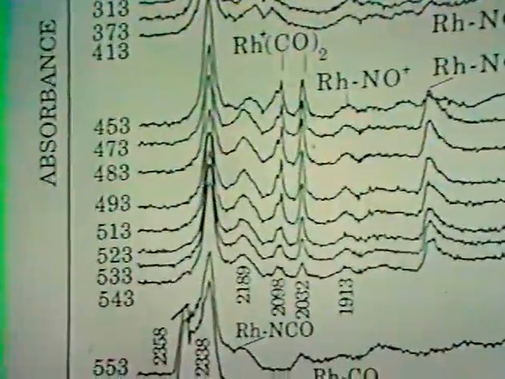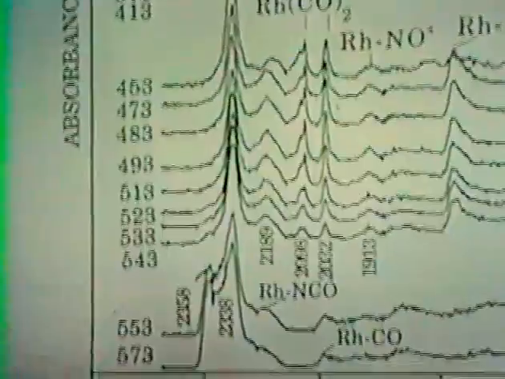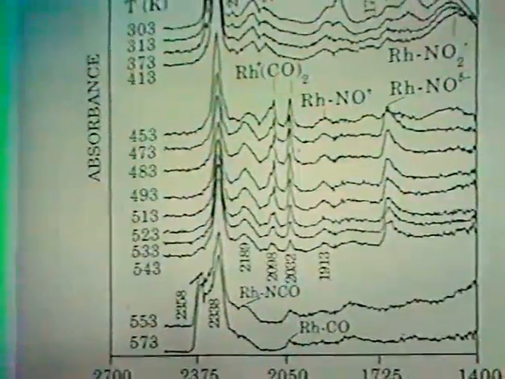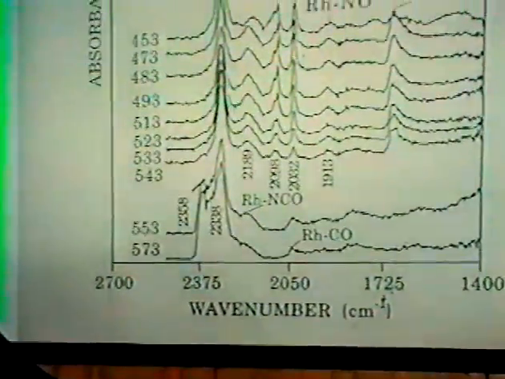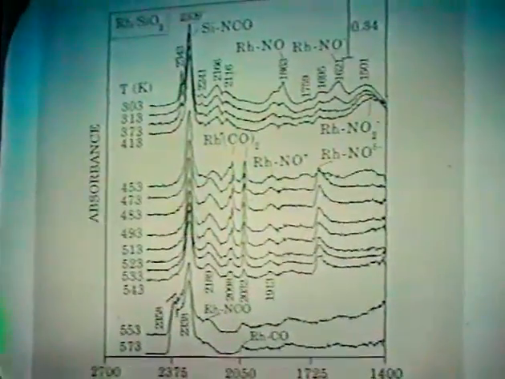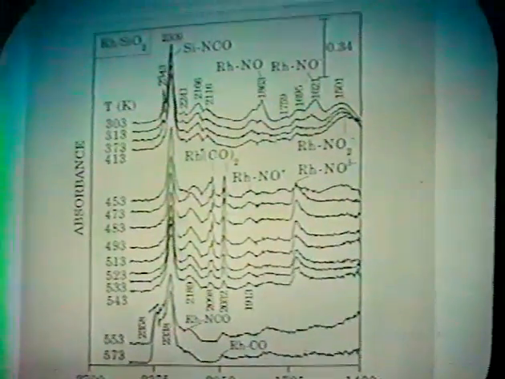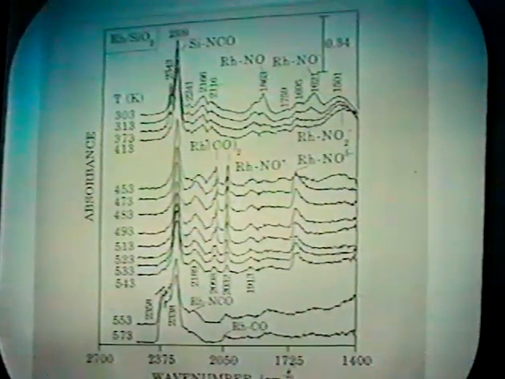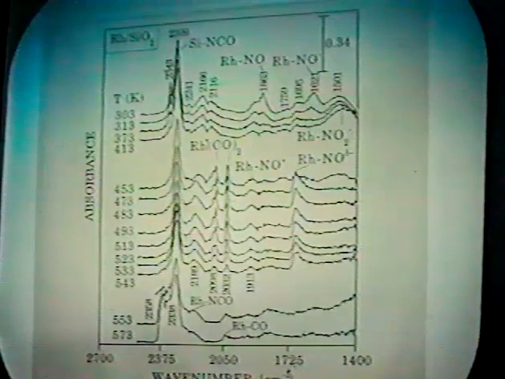And as the temperature increases up to 553 K, the major species on the surface are RhNO and SiNO species. And there's also a small amount of linear CO on the surface. Essentially, all the NO species is rapidly converted to the product, and we do not see the NO adsorbed bands.